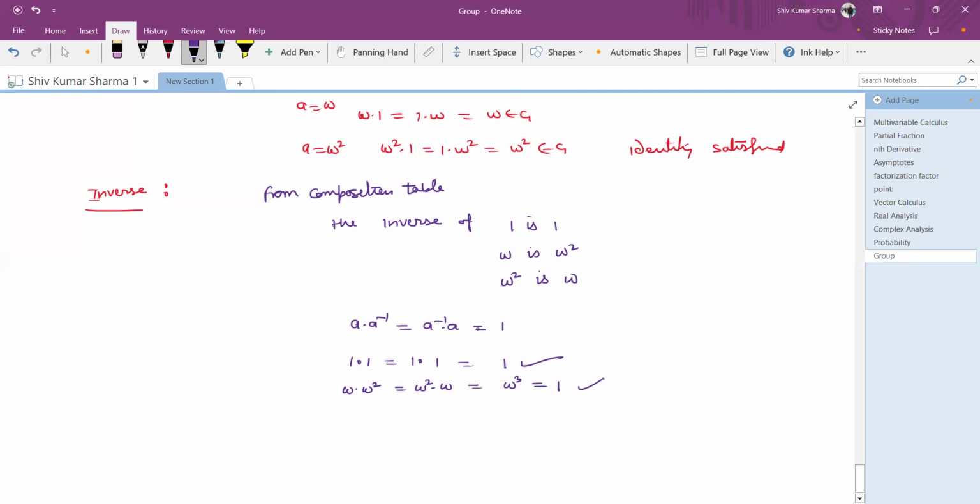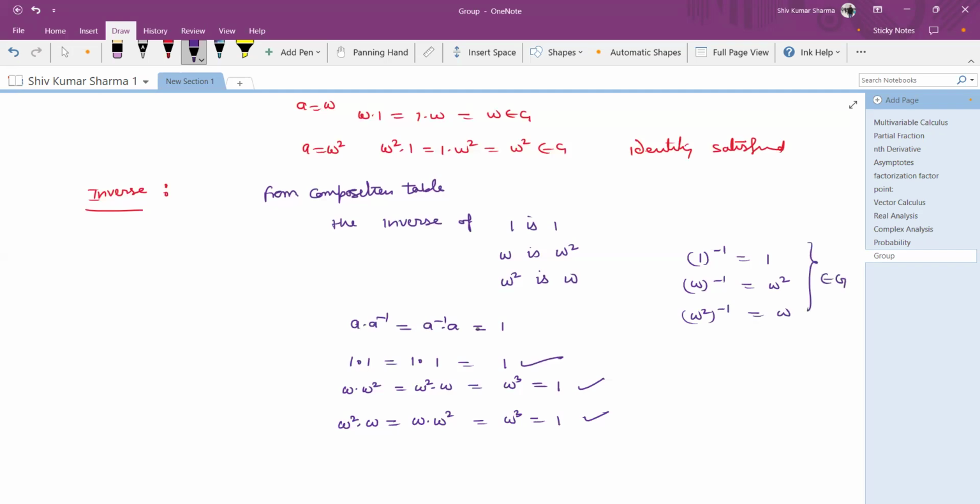Now the third one, when we take omega square, the omega square inverse is omega. So we write omega into omega square is equal to omega cube is equal to 1. So the inverse is satisfied. So we can write that the multiplicative inverse of 1 is 1, the multiplicative inverse of omega is omega square, and the multiplicative inverse of omega square is omega.